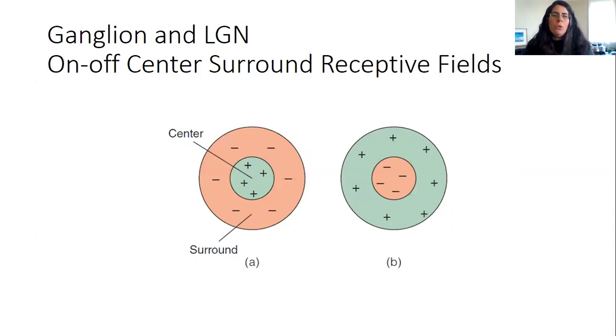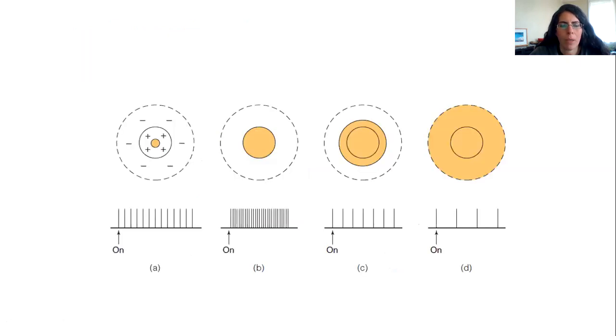So here we see center surround. They're called on-off center surround receptive fields. And again, they can come in 2 flavors, and they have opposing centers and surrounds. For this cell, the center is excitatory and the surround is inhibitory. And here you have the opposite pattern. So how does this cell respond to input?